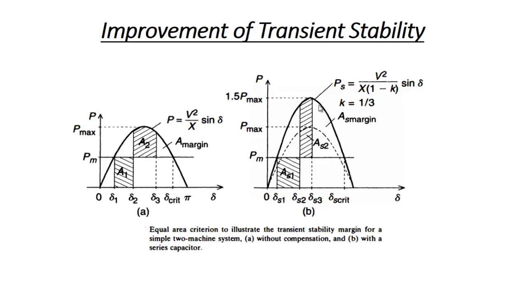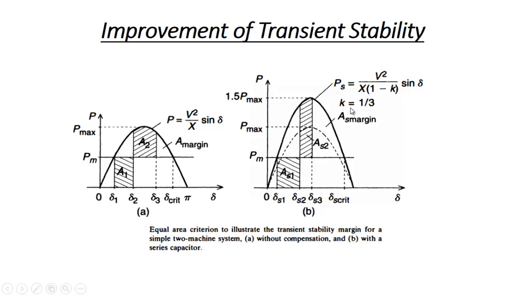This was the general introduction about series compensation, whether it's a capacitor series compensation or we do it in other ways. Until now, we have been assuming a fixed series compensation with a series compensation factor of k, and here we have assumed it to be 1 by 3.